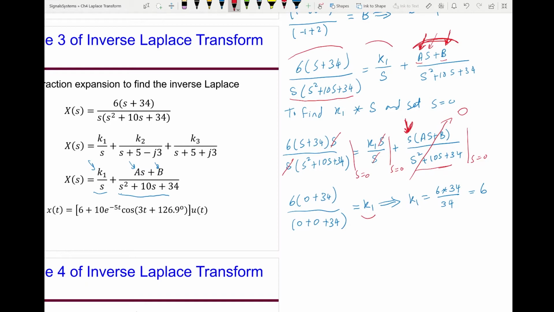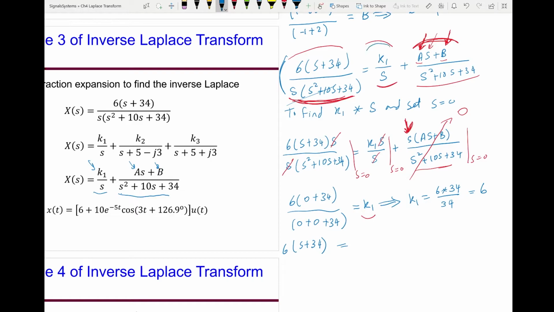So let's do that. I'm going to multiply this term by its denominator, this term by this denominator, and this term by this denominator. So then I will get 6s plus 34. When I multiply this term by its denominator, the denominator will disappear. Equal.